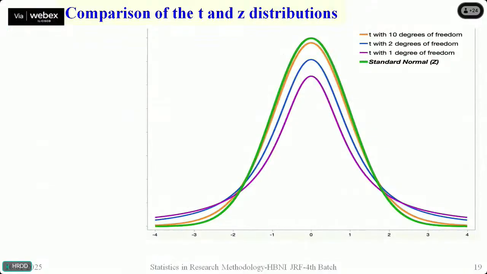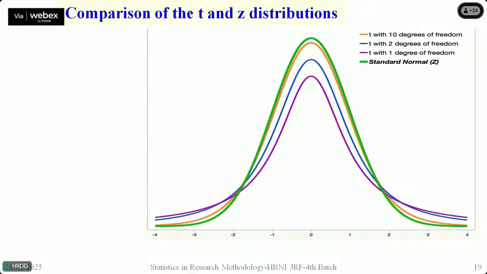This is the curve I was talking about. There are around 4 curves here. Among these 4, the green one has the highest peak and a smaller tail portion. If you compare the green curve with the rest of the curves, you can make out that the green one has got the highest peak.